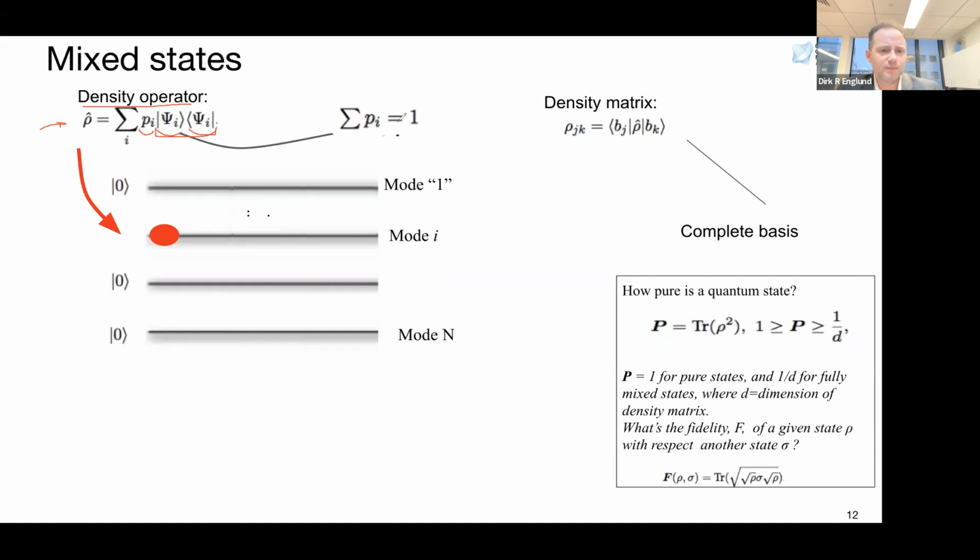This gives a classical probability, i.e., the sum of p sub i over all states psi sub i that make up the system is equal to 1. Whereas if this was a quantum amplitude, we would have seen something like an absolute value squared, but this is a classical amplitude. So this here represents our classical estimation probability of how much of the state vector psi sub i is in the system.